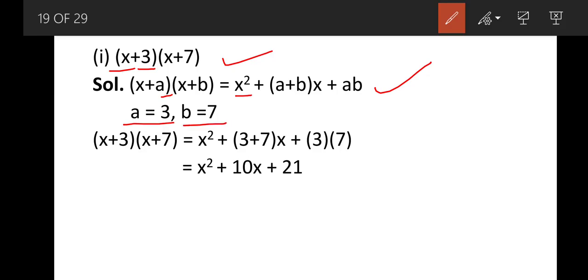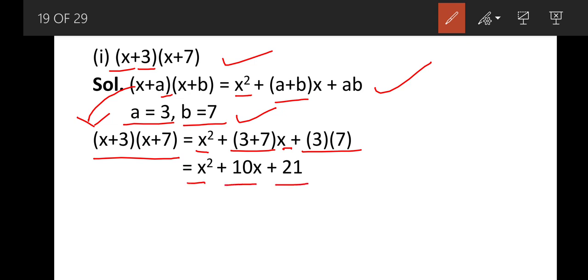So I write x plus 3 into x plus 7, and on the right hand side I will have x square plus a plus b, that is 3 plus 7, because a is 3 and b is 7, so a plus b into x outside the bracket plus a into b, that is 3 into 7. So simply you will get x square plus 10x plus 21.